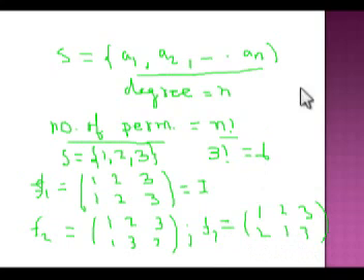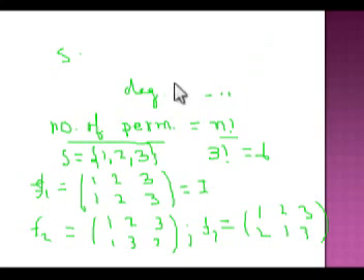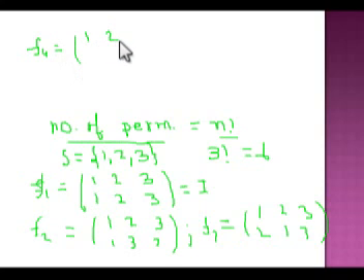Others I am also writing. F4 will be 1, 2, 3 over 2, 3, 1. How am I creating them?